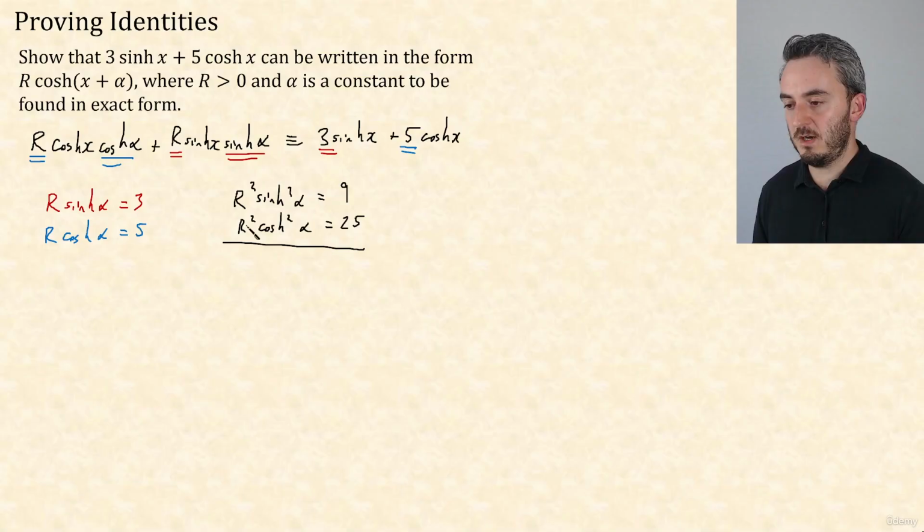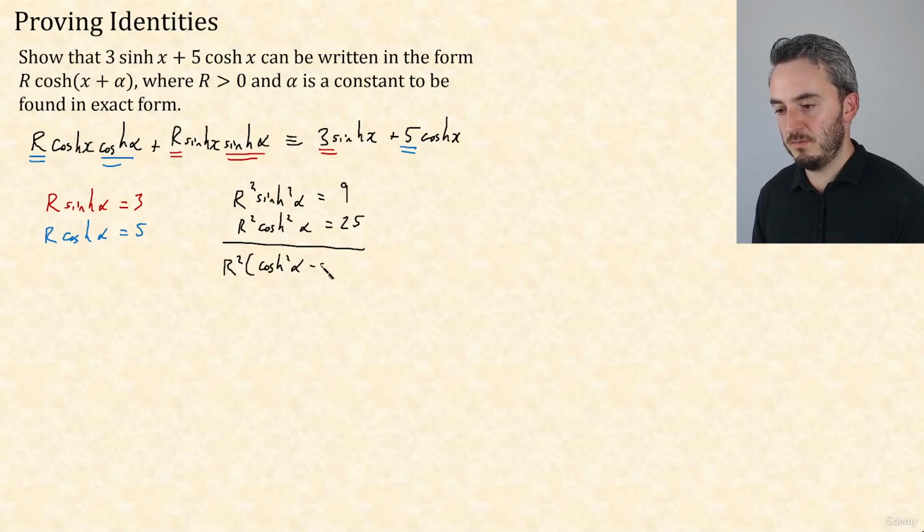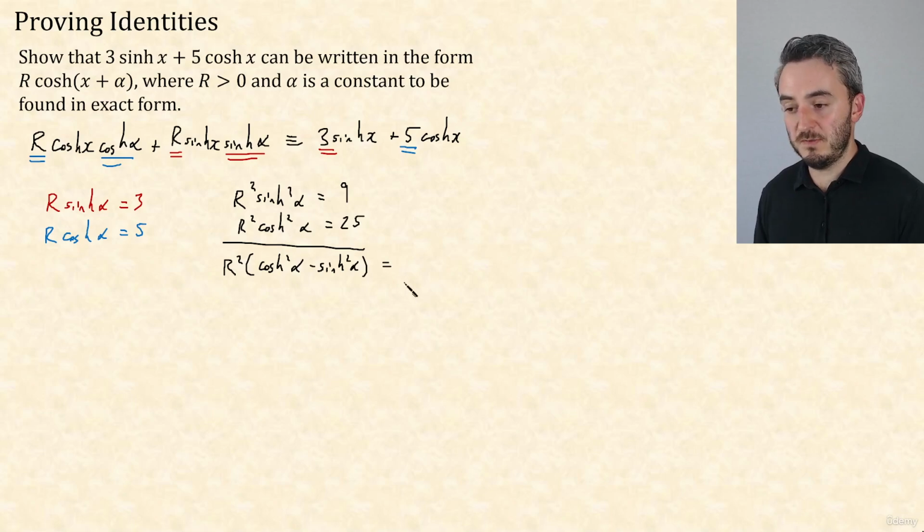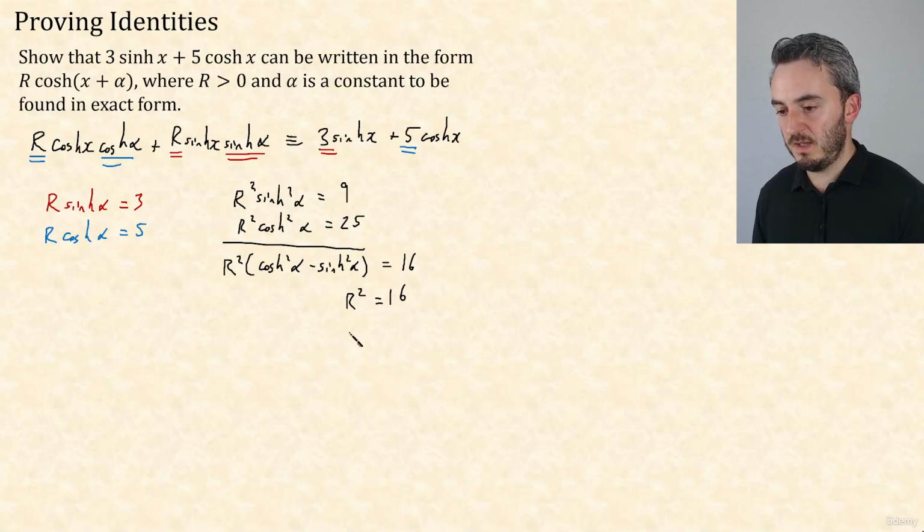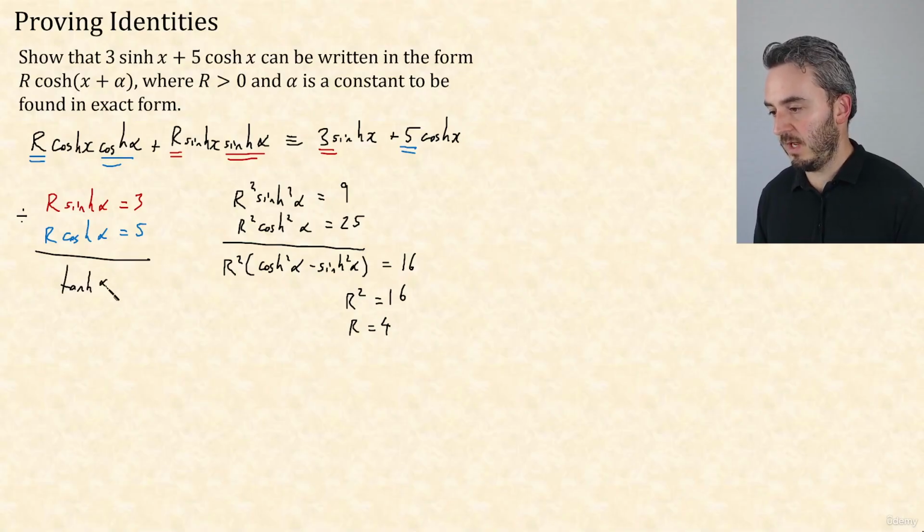So if I do this line minus this line, I end up with R squared times cosh squared alpha minus sinh squared alpha, and that is equal to 25 minus 9, which is 16. Cosh squared alpha minus sinh squared alpha is 1, so R squared is 16 and R is 4 because R is positive. I can do the division, dividing these two lines. The R's cancel and I get tanh alpha equals 3/5.